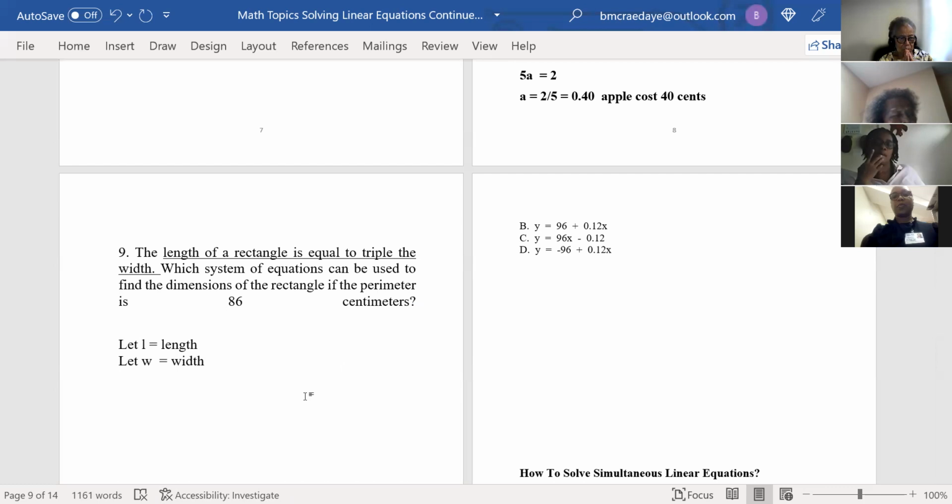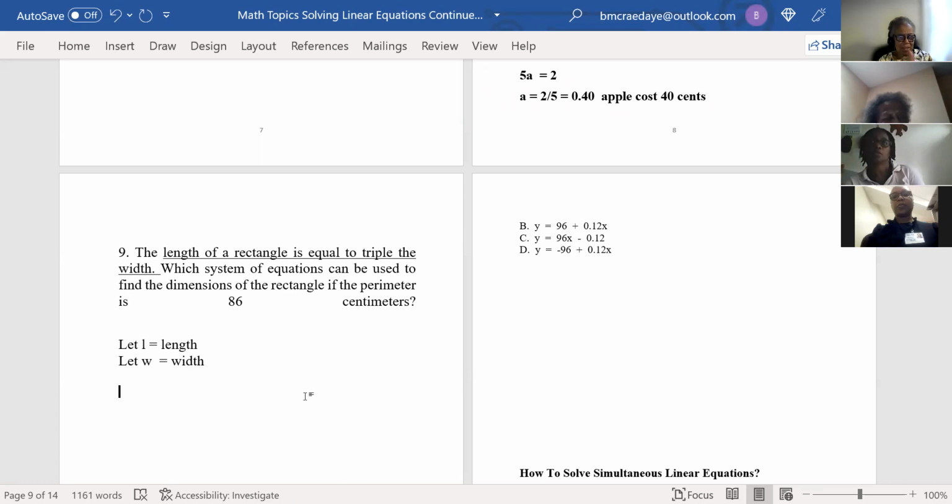No, the length is equal to triple the width.